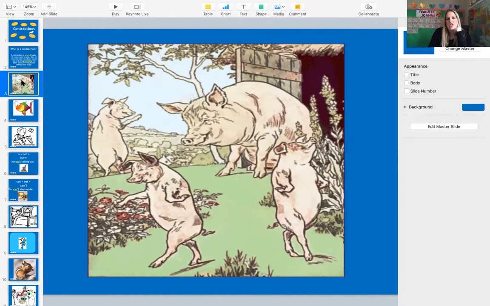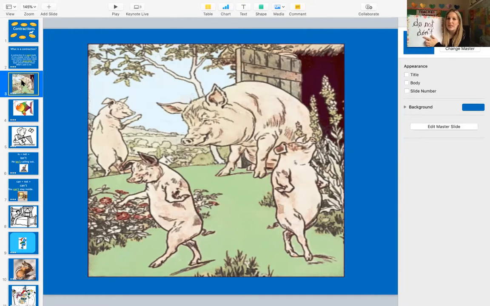How about, do they look sad? No, they do not look sad. So the word that we're going to look at here today is do not. Instead of saying do not, we can turn that into a contraction and make it they don't look sad. So instead of saying they do not look sad, we can replace this and say don't.